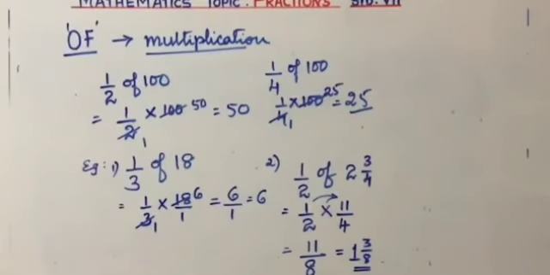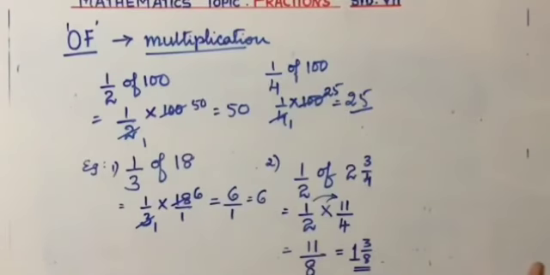Children, I hope all of you followed how to operate when there is of. Of represents multiplication. Okay, now let us see how to multiply a fraction with another fraction. Okay, you can have any number of fractions, children. The rule is the same.